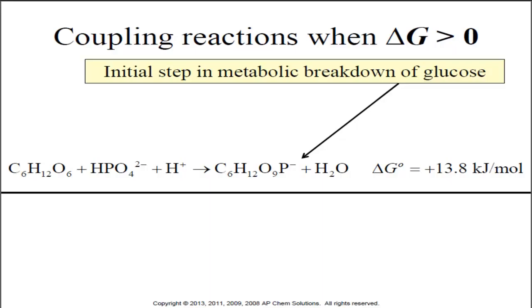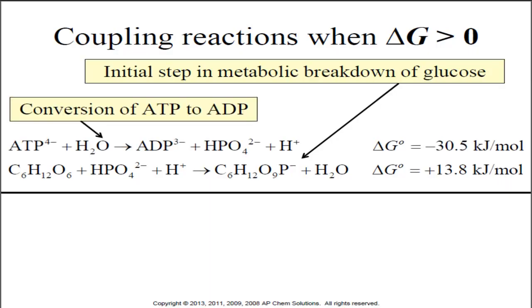Now here we have the first step in the metabolic breakdown of glucose. And as we can see, this step is not thermodynamically favored. You have a positive delta G value. In this step, we see the conversion of ATP to ADP. This conversion, though, is thermodynamically favored, and it supplies the first step in the breakdown of glucose with the necessary free energy to drive that reaction.